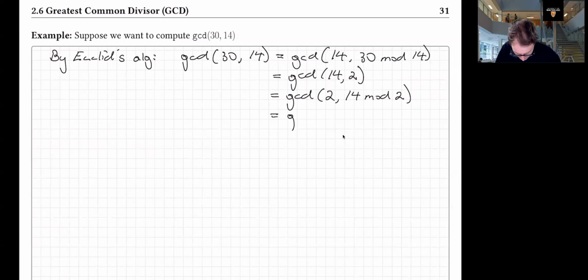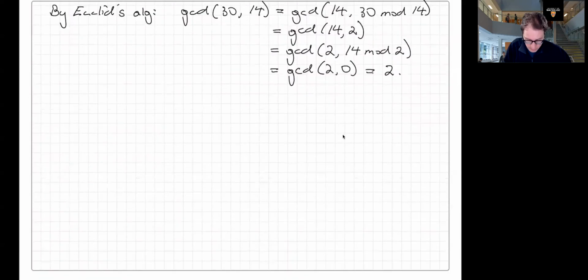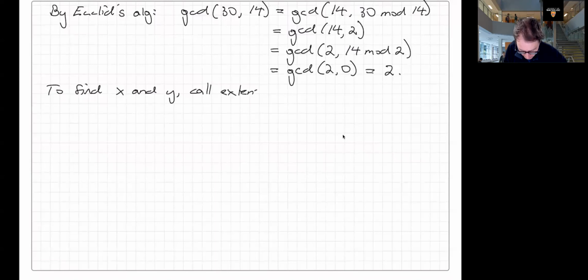So this is equal to the GCD of 2 and 0, which is just equal to 2. So the greatest common divisor of 30 and 14 is 2. To find X and Y, we would need to call extended Euclid.